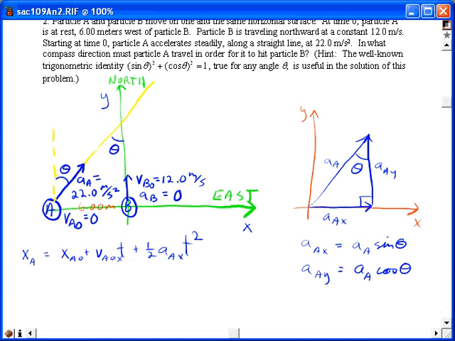I didn't have to worry too much about the initial velocity because it's just 0. That is, particle A started out at rest.